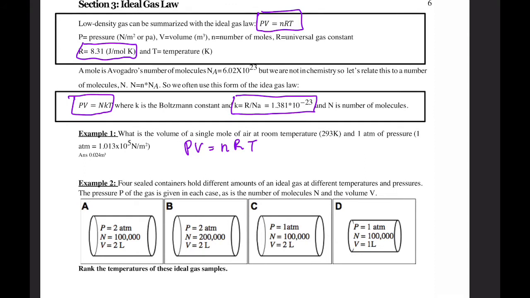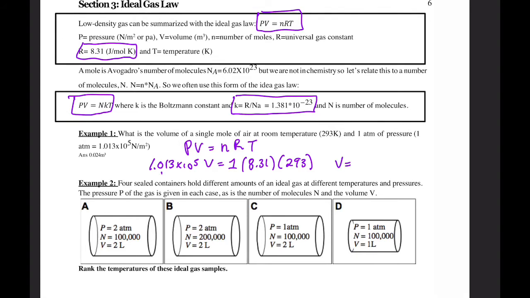If we are at atmospheric pressure, then we have volume unknown, we have a single mole of air, n is 1. R is always that same number, and our temperature is going to be room temperature, 293 Kelvin. Remember, that comes from our chart that we talked about in the beginning. Solve for volume.